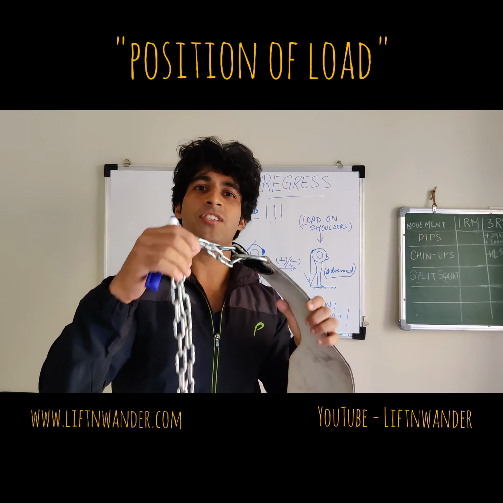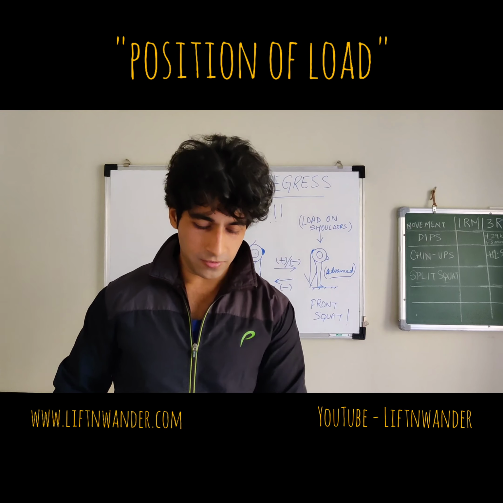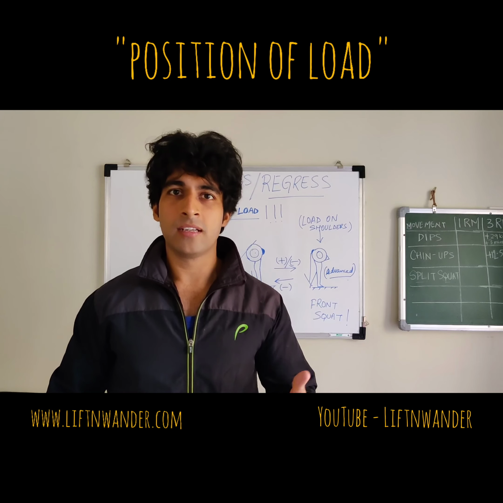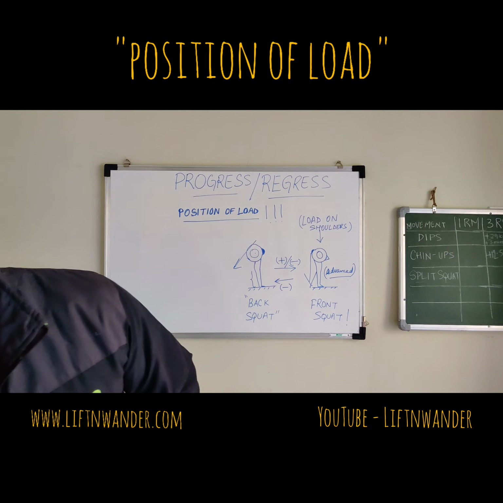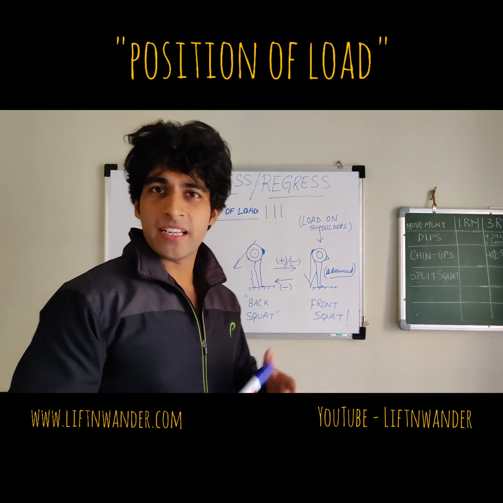You hang the weight with the chain on your hips, and then the weight hangs freely ahead of you, and you can squat. So that way your upper body is free, and you can load your legs. So that is a very easy example.